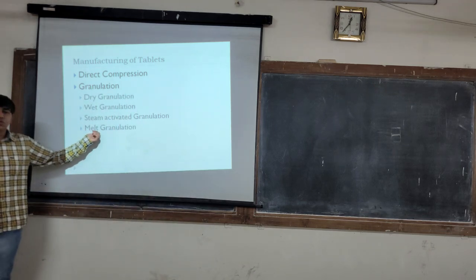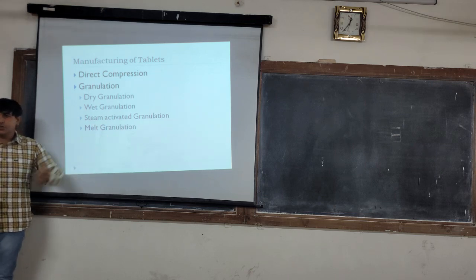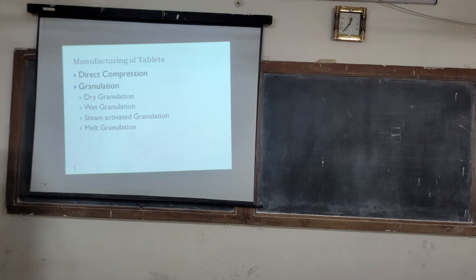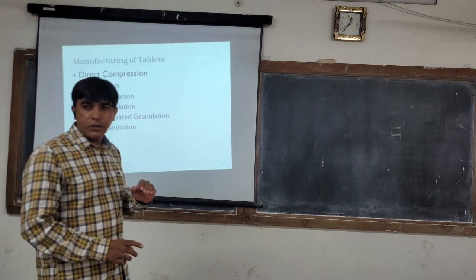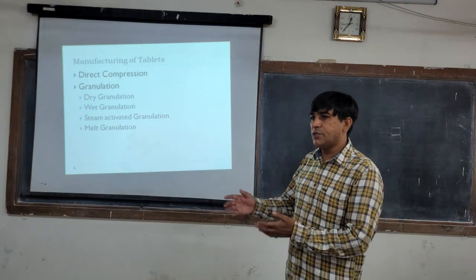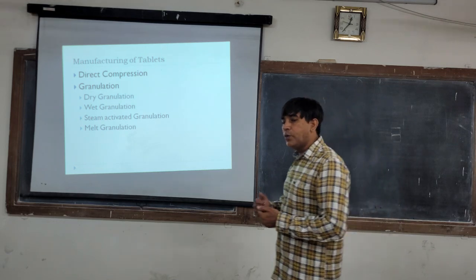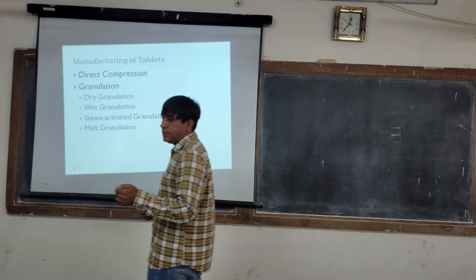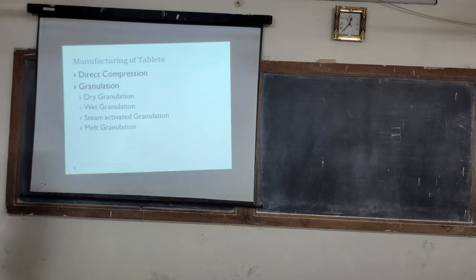Melt granulation is used for preparing effervescent tablets, because effervescent granules contain sodium bicarbonate, citric acid, and tartaric acid. They are sensitive to moisture. If water is used as a granulating agent, it will lead to effervescence. To prevent that, we use the water of crystallization of the tartaric acid. We heat it, the water is released, and it leads to the formation of the granules.